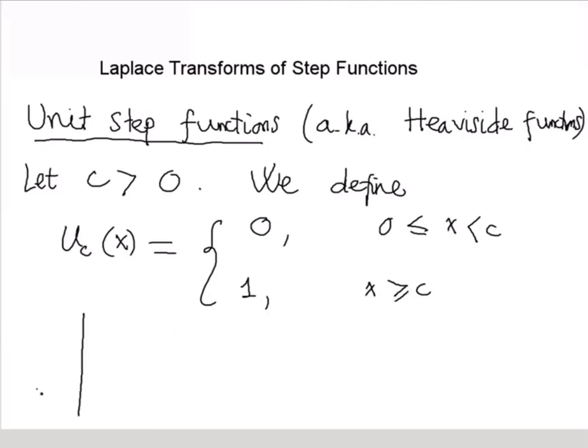So the graph of such a u_c looks like this. We have the x and then the values 0, 1, and c is somewhere here.